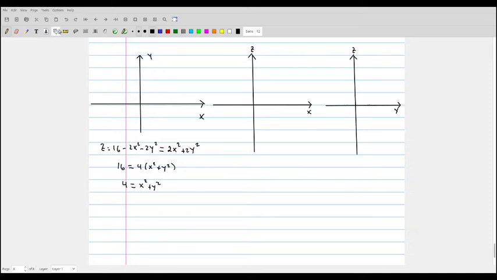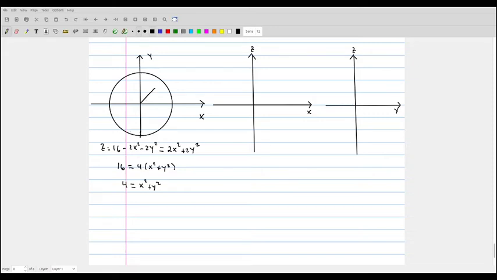And I'll just use the circle tool here to get a nice circle around the origin. So these two paraboloids intersect on this circle of radius 2.